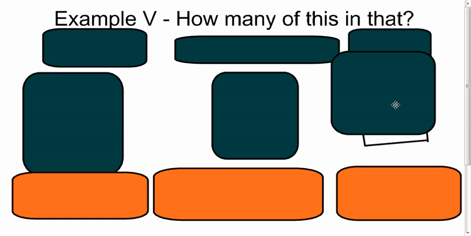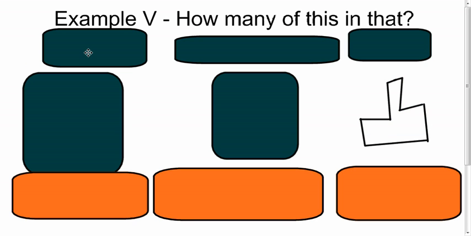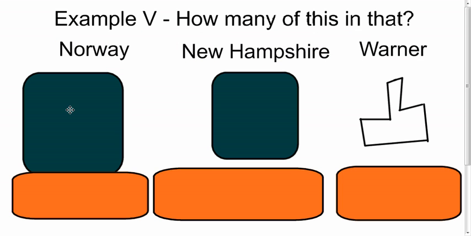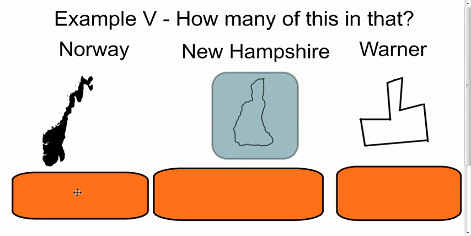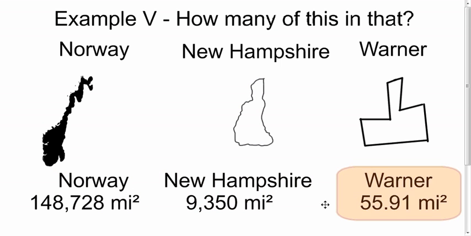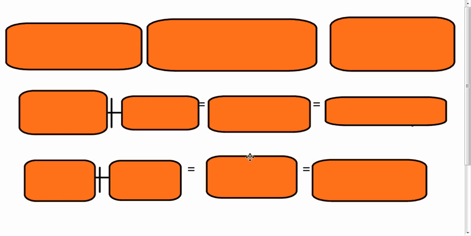Now here's just another example of using dimensional analysis. Let's say these three: Norway, New Hampshire, and Warner. This is how big they are in square miles. And the question is, how many of this are in that?